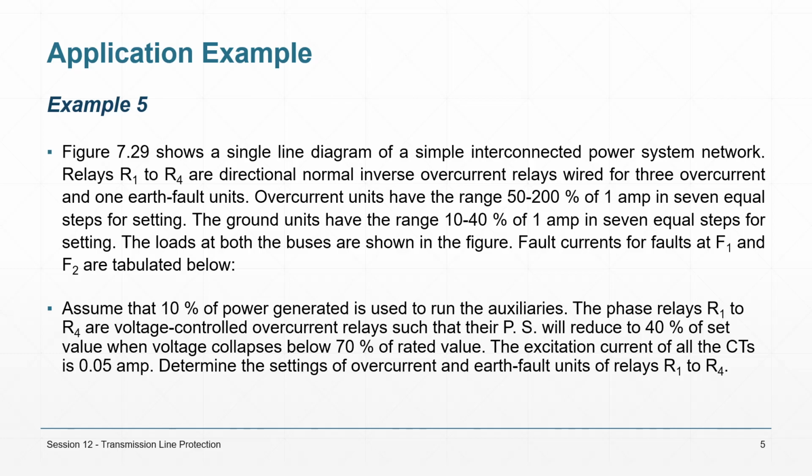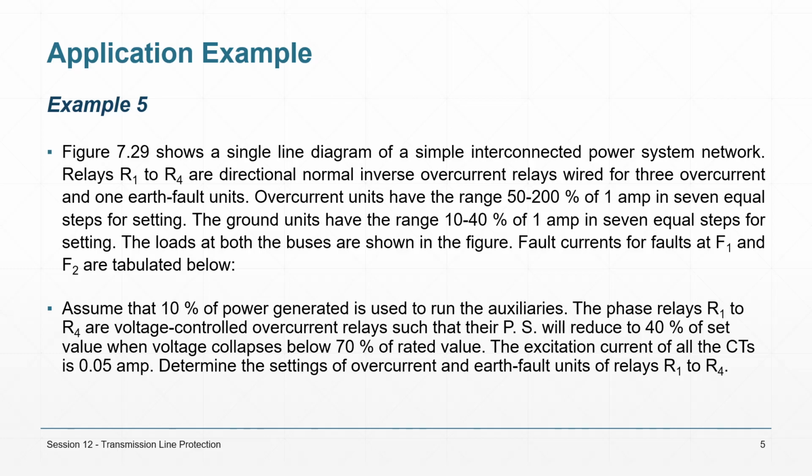The system is very simple because we cannot take a system with 3 buses, 4 buses or 7 buses. We have taken the system with 2 buses only. I read out: figure 7.29 shows a single line diagram of a simple interconnected power system network. Relays R1 to R4 are directional normal inverse overcurrent relays wired for 3 overcurrent and 1 earth fault relays.